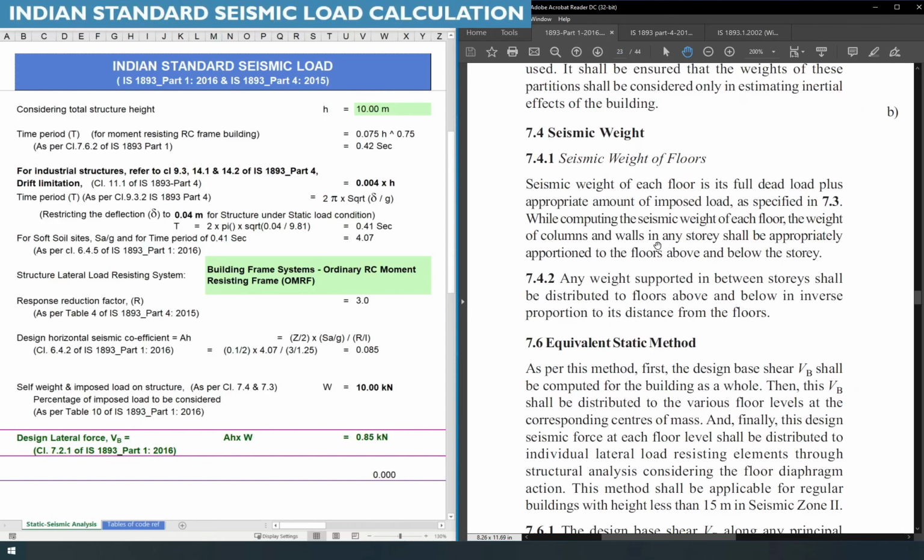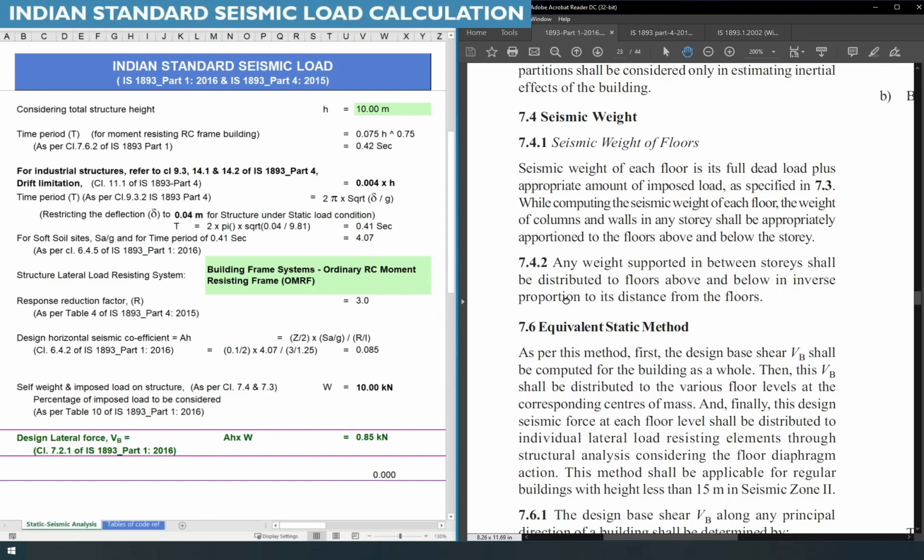If I had the actual model I could demonstrate it, but as it is not available, please read this when you start doing the seismic load calculation. It will tell you how to calculate the seismic weight, which comprises the seismic weight and the imposed load on the structure.